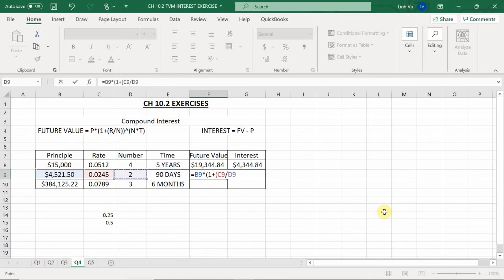In this case, it's compounded twice a year. Close parentheses, caret, open parentheses, 2 times 0.025, which is equivalent to 3 months. How much is my future value here?